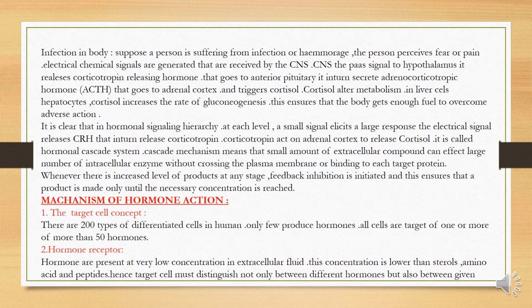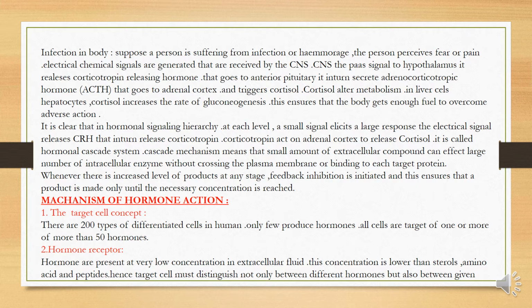It is clear that in the hormonal signaling hierarchy, at each level, a small signal elicits a large response. The electrical signal releases CRH that in turn releases corticotropin. Corticotropin acts on the adrenal cortex to release cortisol. It is called the hormonal cascade system.